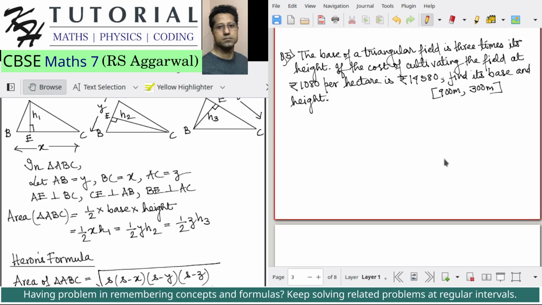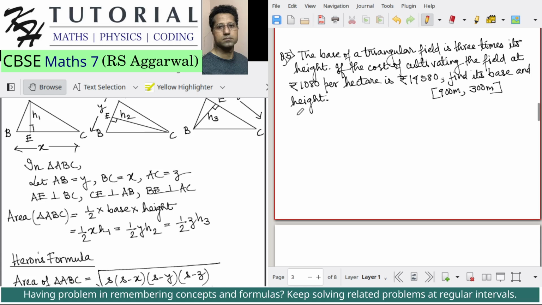So 1 hectare is 10,000 meter square. If the cost of cultivating the field at rupees 1080 per hectare is rupees 14,580, we can easily find the area in hectares. Also, the dimensions are given in meters. So using the unitary method, we can easily find the area of the triangular field.